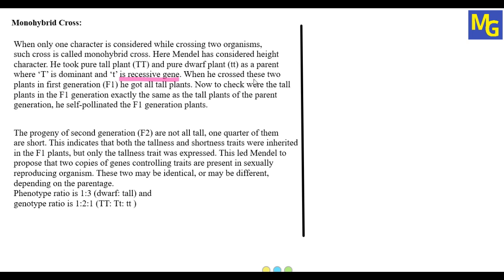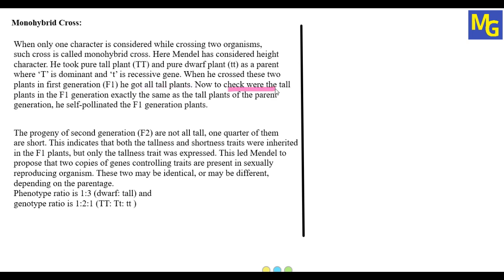When he crossed these two plants, in the first generation, that is F1, he got all tall plants. We are going to see all this with the help of the crossing and by using the symbols. But first we will see the notes. When he crossed the pure tall plant and the pure dwarf plant, in the F1 generation he got, all the plants were tall.